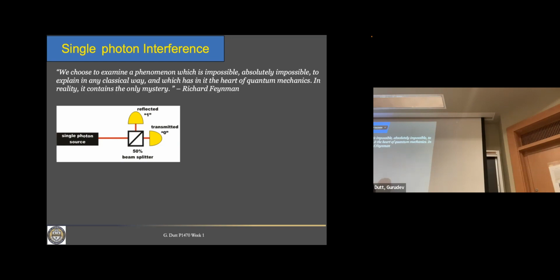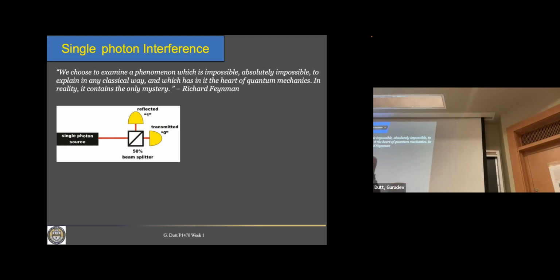The reason I'm doing this experiment this way instead of using a Young's double slit is it makes the distinction between quantum states much more visible, and we can assign bits, digital information, to this system very easily here. So I take a single photon, I send it into a beam splitter, which basically has a 50% chance the photon will go straight through, or 50% chance it will be reflected up into this arm.